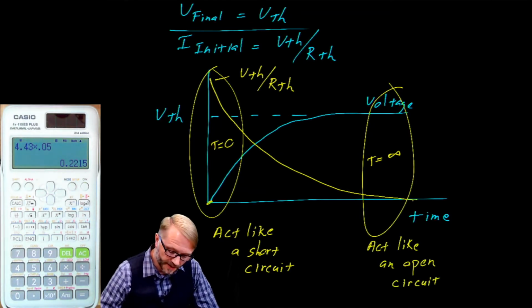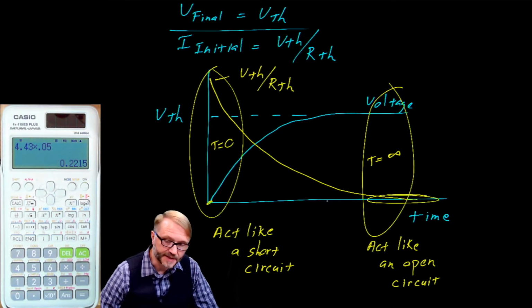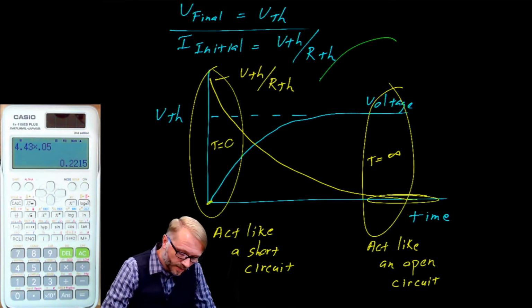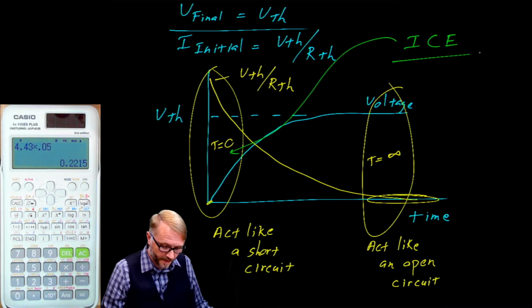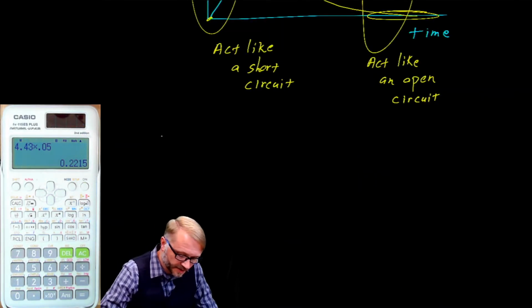In an open circuit, there is no current. We'll come back to this again, where we say in a capacitive circuit, the current leads the voltage. So we'll talk about ICE at some point in the future. While we're here, we should talk about inductors as well.